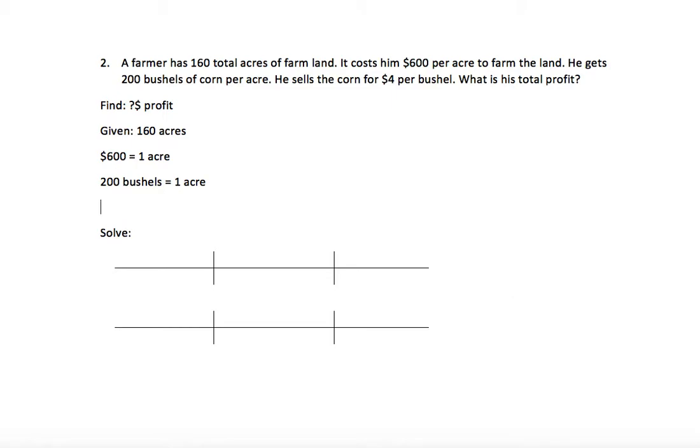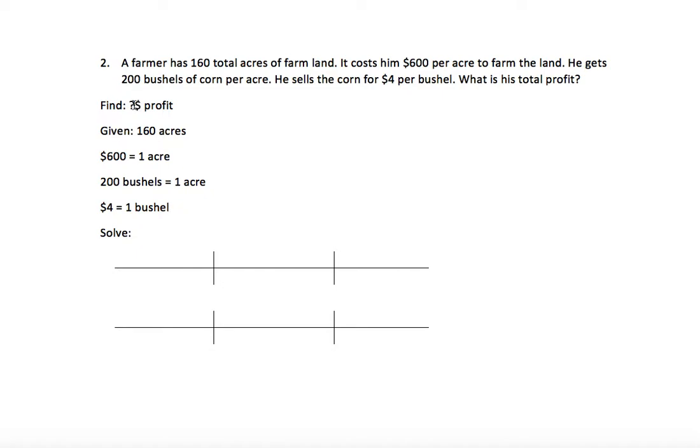And when he sells the corn, the price he gets for it is $4 per bushel, meaning $4 equals 1 bushel. So we're using the same process here as in the previous section, that every number you come across, if it's saying per acre, that means equals 1 acre, and per bushel means equals 1 bushel, and then you'll be able to set these all up as ratios.